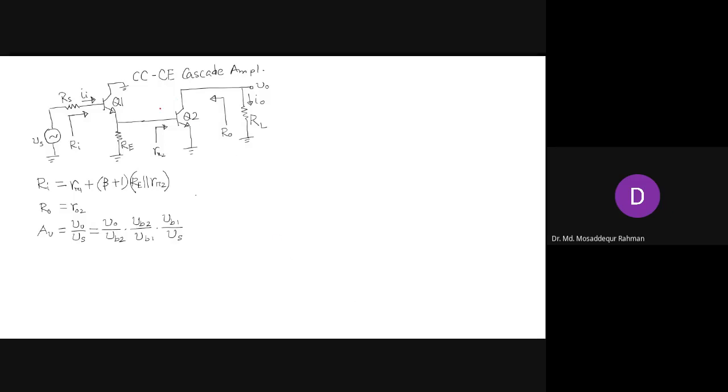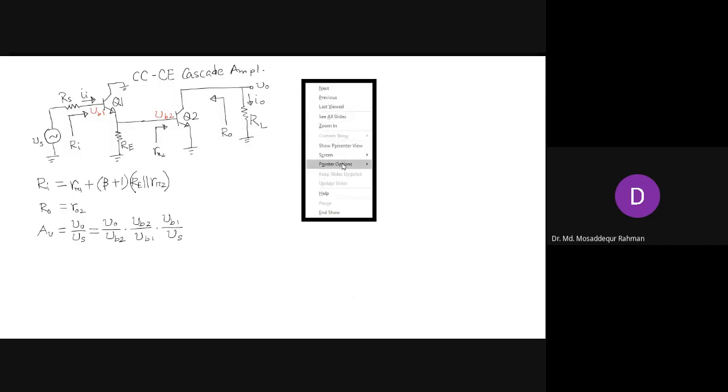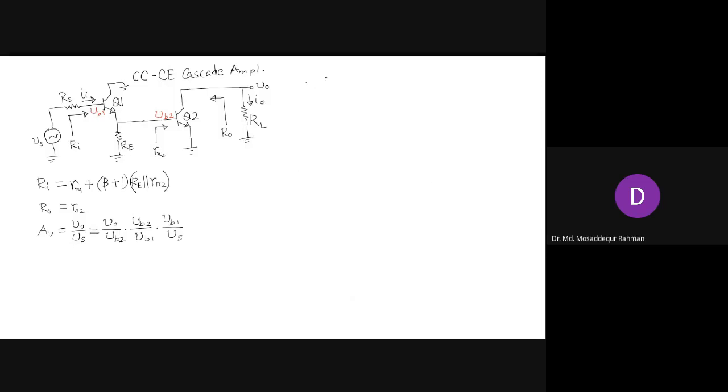Okay, so we assign the voltages. At this point, the voltage at the base of Q2 is VB2. The voltage at the base of Q1 is VB1. So what will be these voltages? Let's write it here. Okay, it's crowded. So the first gain expression, sorry, that's not VB2, that is V0 by VB2.